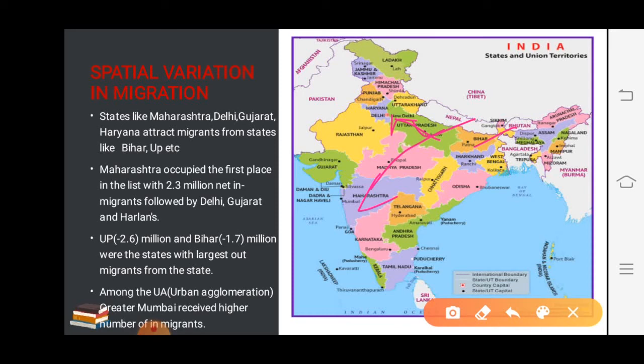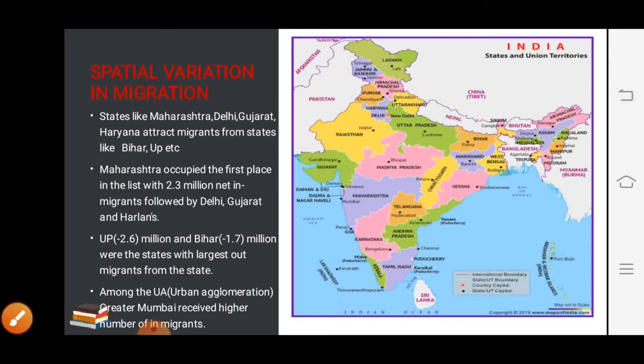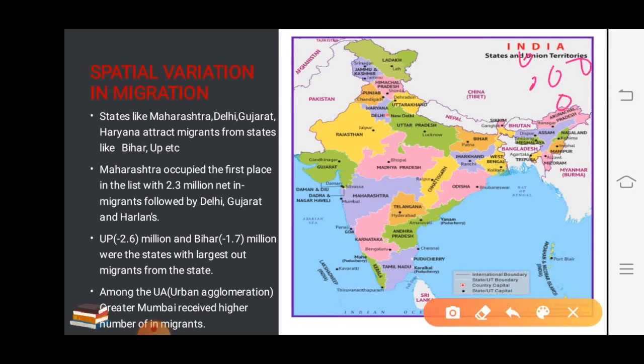Now, among urban agglomerations, first let me tell you what an agglomeration is. Agglomeration in simple terms means clustering around. Let's take, for example, this is town X. Town X is a very large urban area.